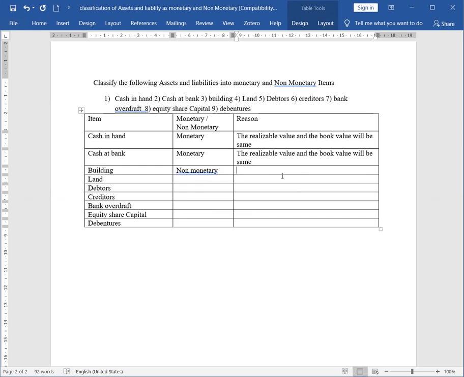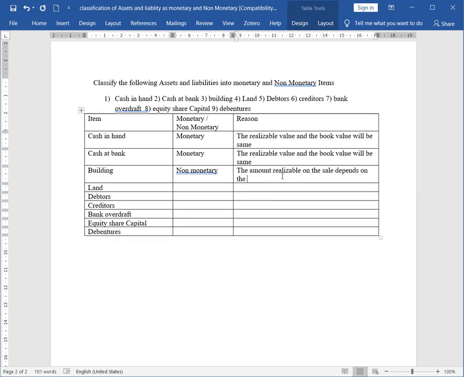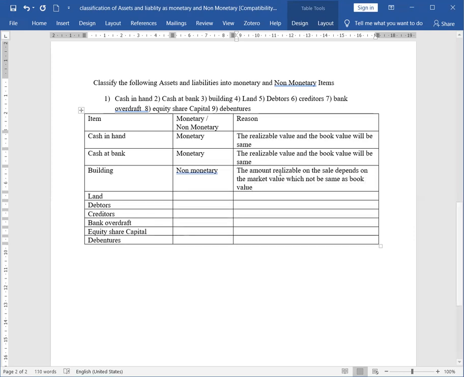The amount realizable on the sale depends on the market value, which would not be the same as the book value. It varies.